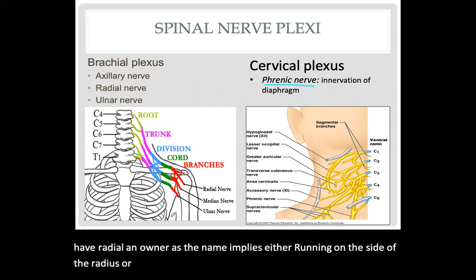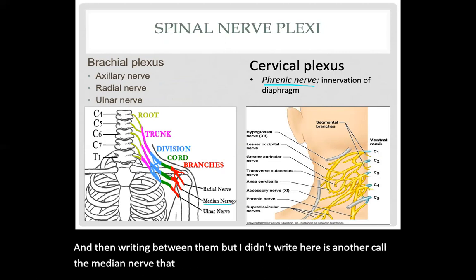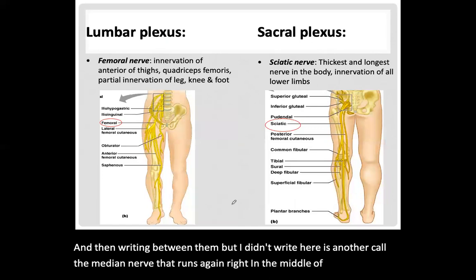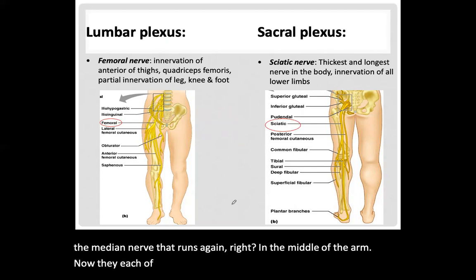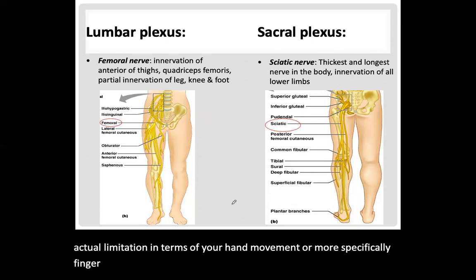And then right in between them, what I didn't write here is a nerve called the median nerve that runs, again, right in the middle of the arm. Now, each of these nerves, if there is damage to them, there is an actual limitation in terms of your hand movement, or more specifically finger movement, but I don't expect you guys to know that for this class.